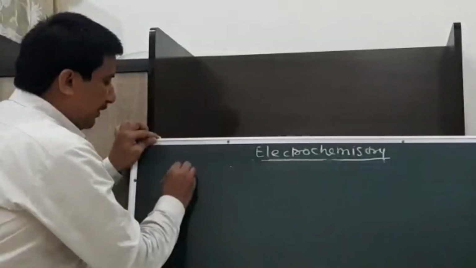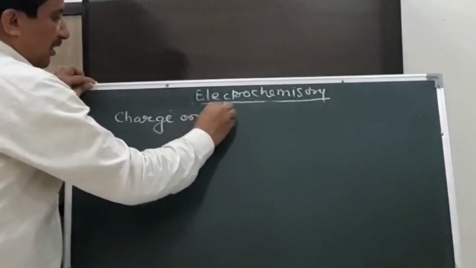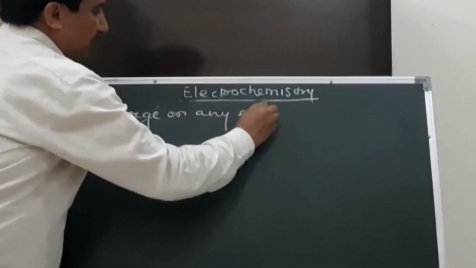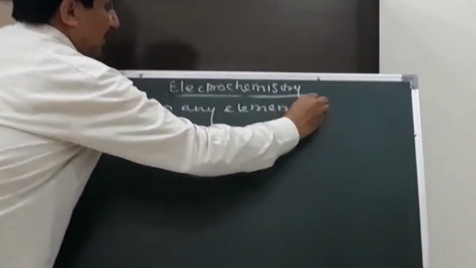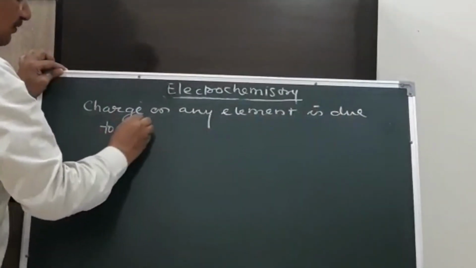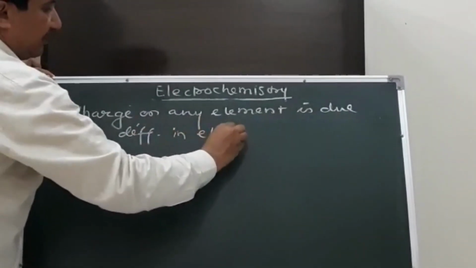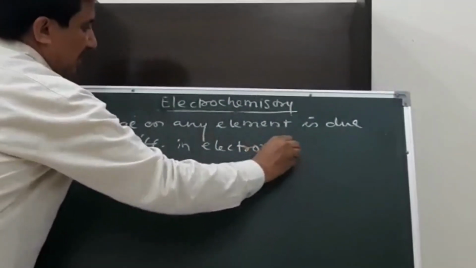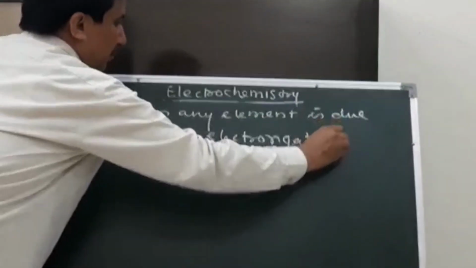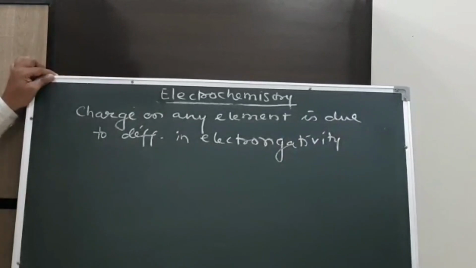Charge on any element is due to difference in electronegativity. Suppose I am having a pair of elements bonded together.